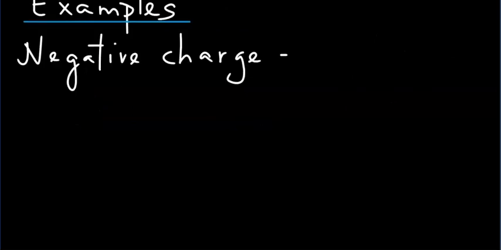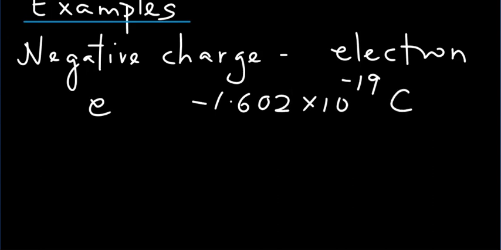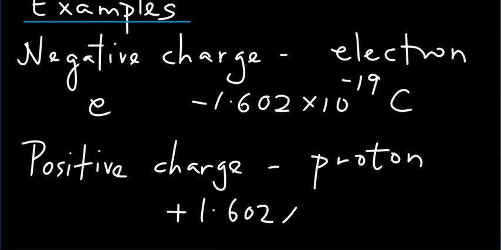An example of a negative charge is an electron. The symbol to denote it is e. The charge the electron carries is minus 1.602 times 10 to the power minus 19 coulomb. An example of a positive charge is proton, and the charge it carries is plus 1.602 times 10 to the power minus 19 coulomb.